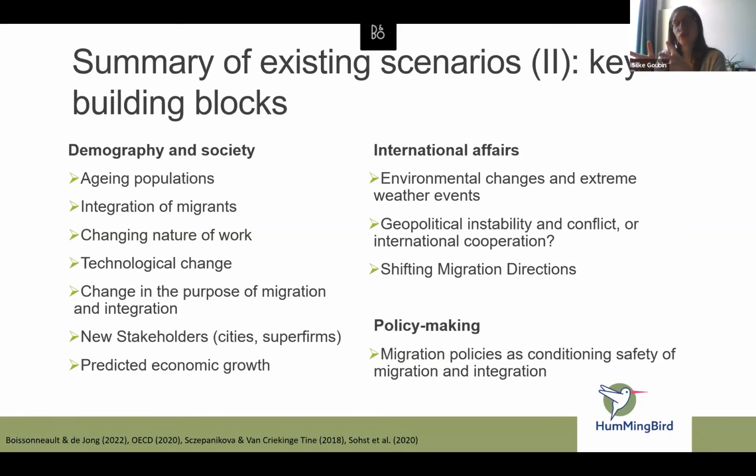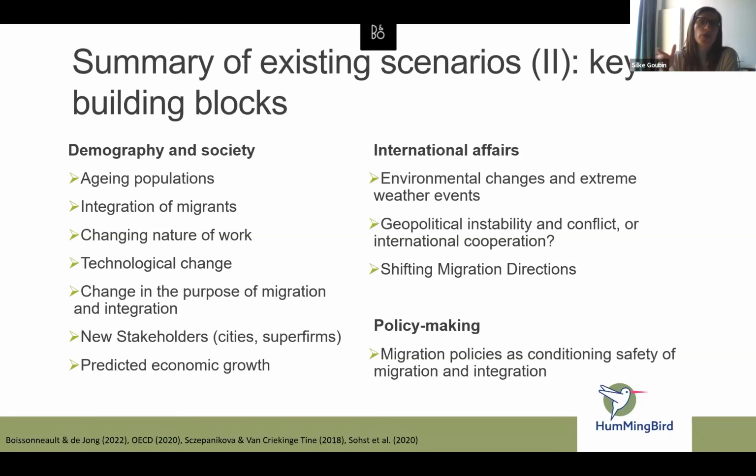What is interesting also from a European perspective, I think, is that when you do a systematic review of the literature of scenarios, they all assume that in the future, Europe will become a less attractive migration destination. That migrants outside of the EU will go to other more attractive countries, like China, for instance, or other Asian superpowers.